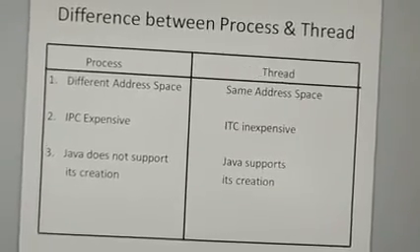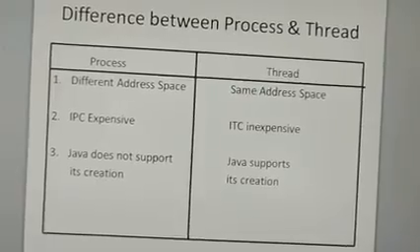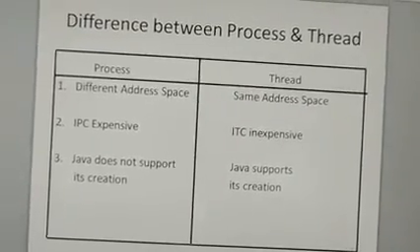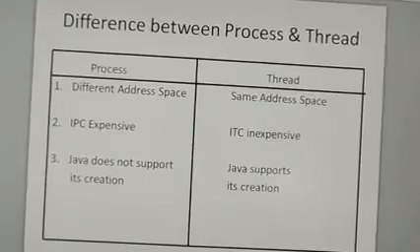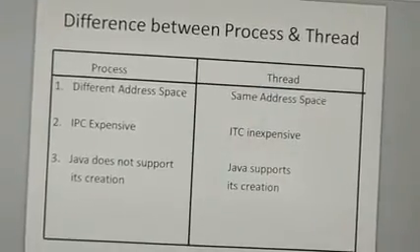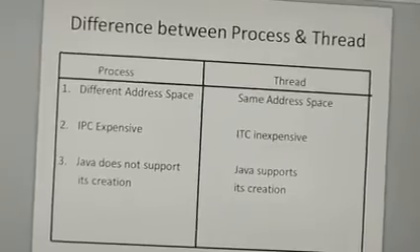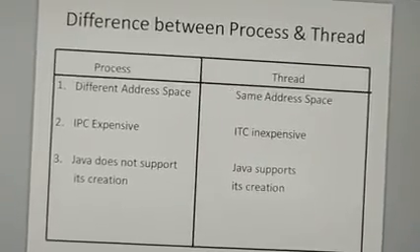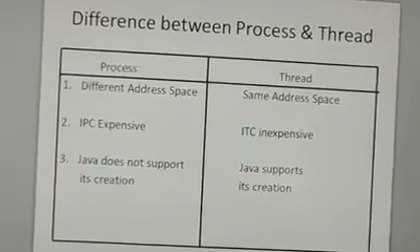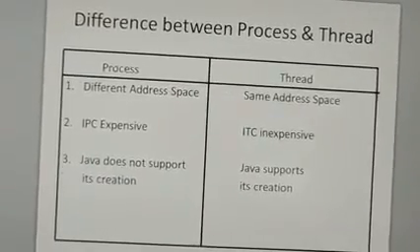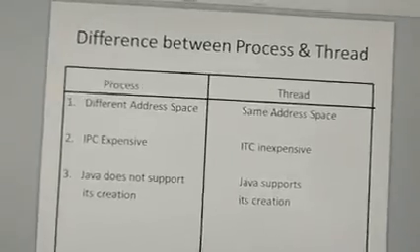My address is different: I am in my home creating this PPT, and the students are in their homes. So these processes have different address spaces, and creating a process is much more expensive, and inter-process communication is expensive.